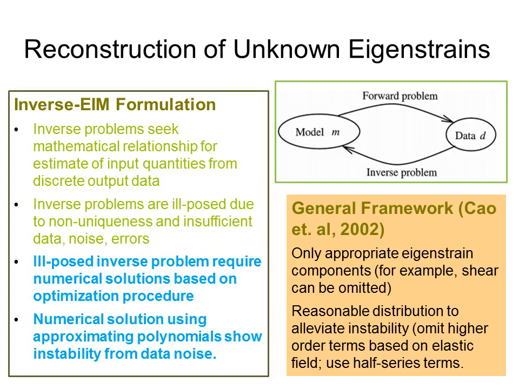Since it is already non-unique, you can omit some components, for example shear, and one should use a reasonable distribution.